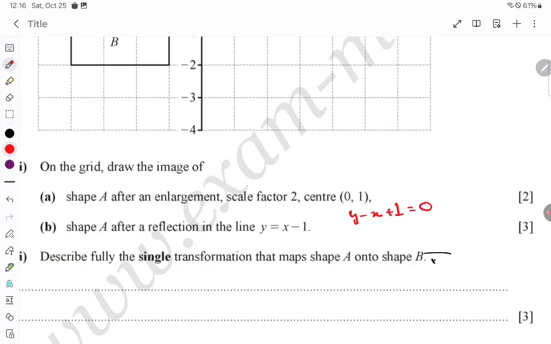In order to calculate the slope, which is negative of the x coefficient over the y coefficient: the x coefficient is negative 1 and the y coefficient is positive 1. So negative negative will become positive, 1 over 1. This is our rise over run.